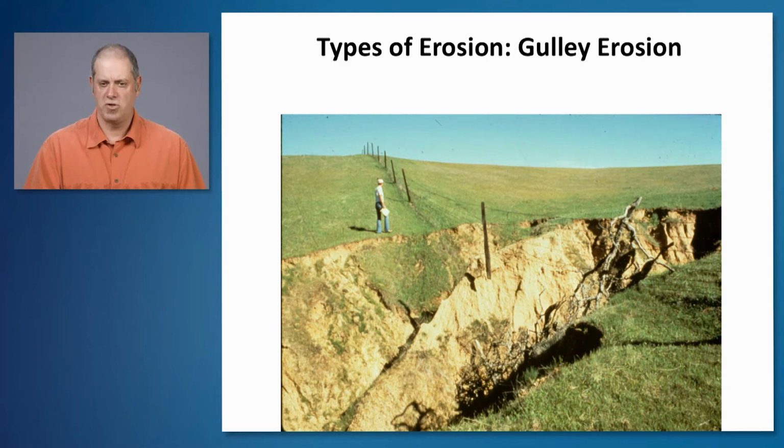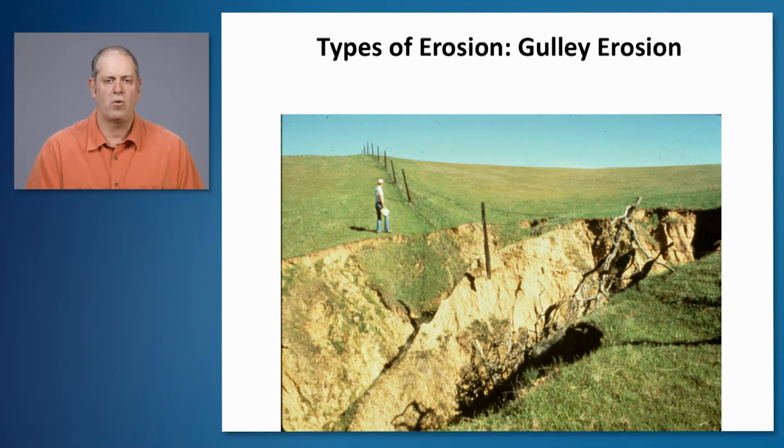The third type of erosion is gully erosion, and this is a more catastrophic event. Gully erosion isn't necessarily responsible for large sediment volumes from a global perspective, because it's a relatively small, place-based event, but it has catastrophic outcomes in that it degrades the land so severely that it limits the way in which you can use it.